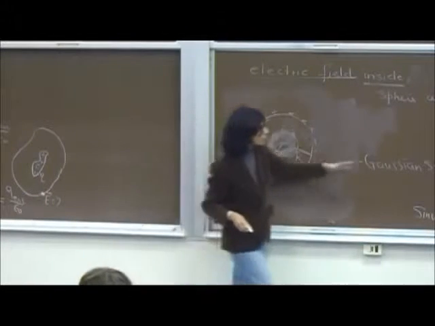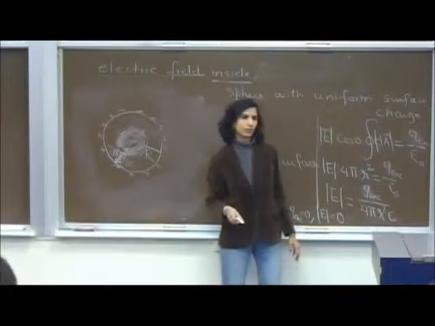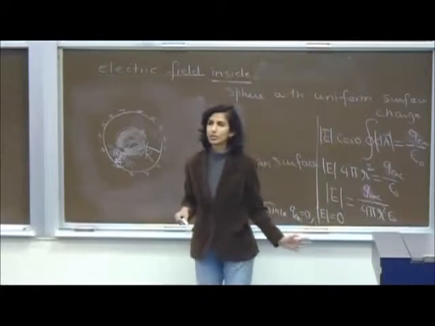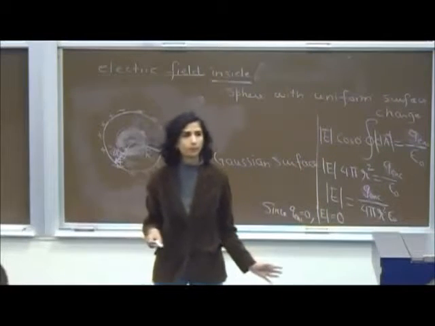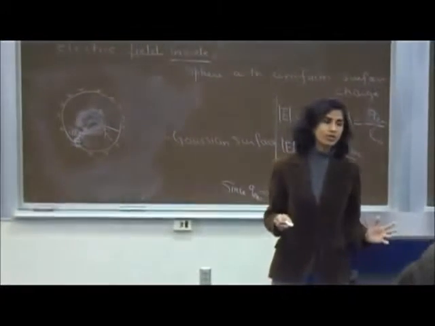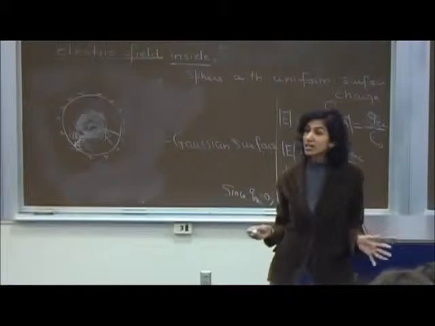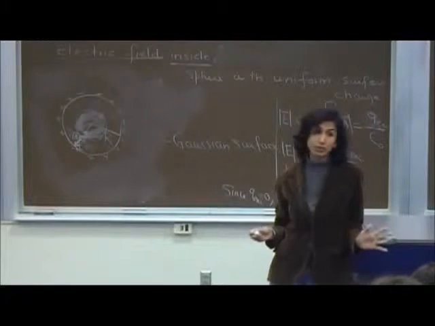But do you see that the logic still carries through? In the end, since there's no Q enclosed, the electric field is 0. So what conclusion have we come to in plain English? That the electric field, due to a uniform sphere of charge, at any point inside the sphere is 0.